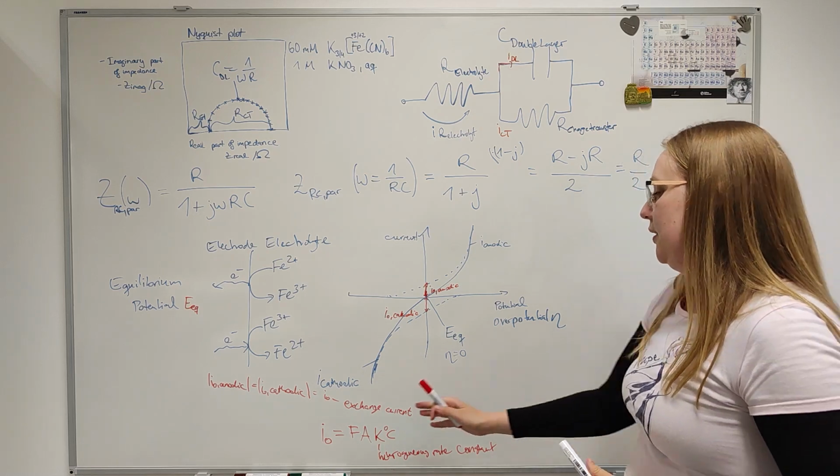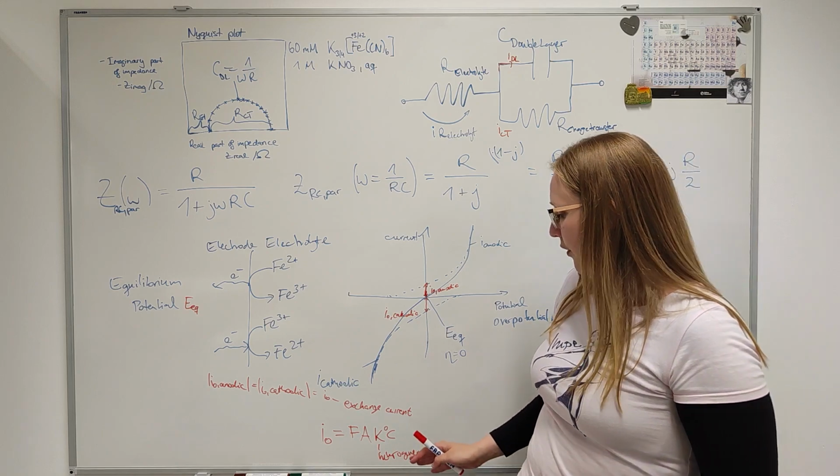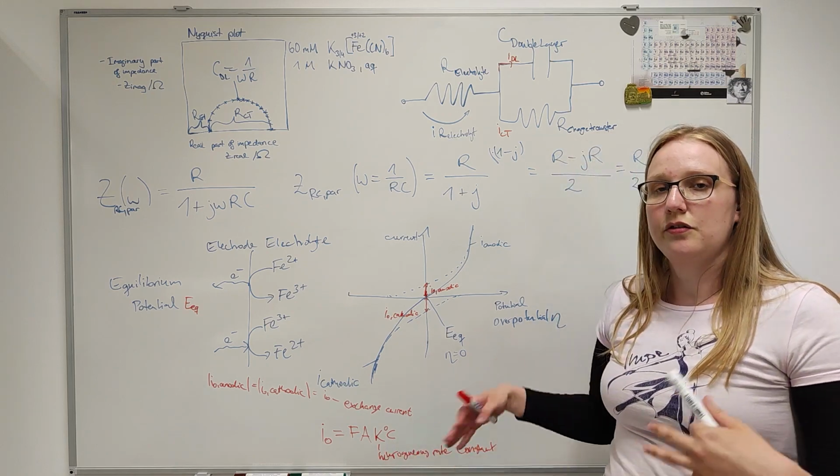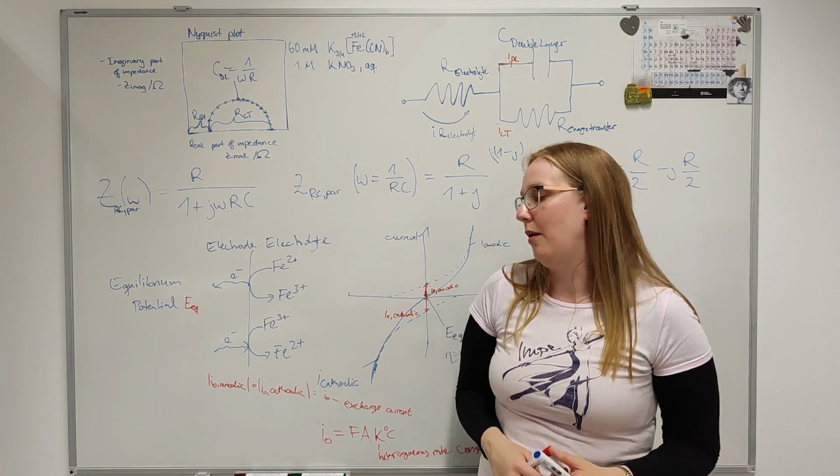So you can see that the exchange current density is kind of an expression in electrochemistry for that heterogeneous rate constant, just making a current out of it, which is more familiar for us because we can actually measure it.